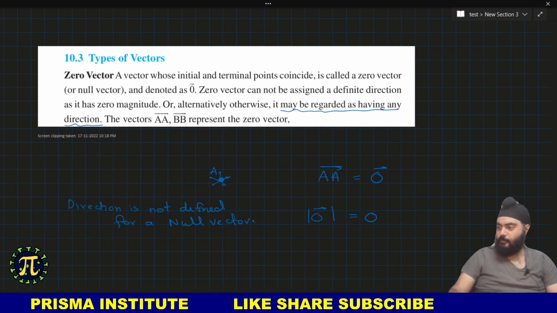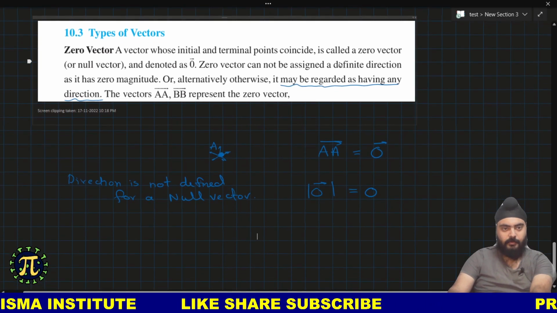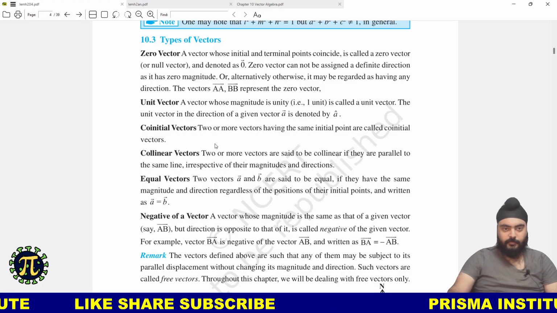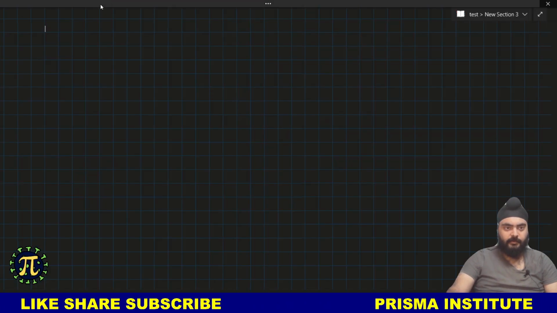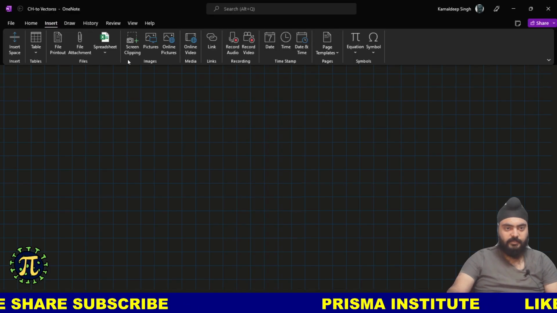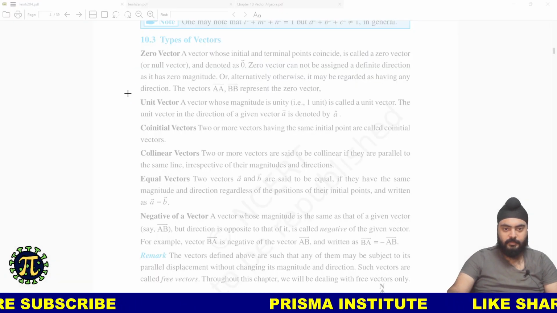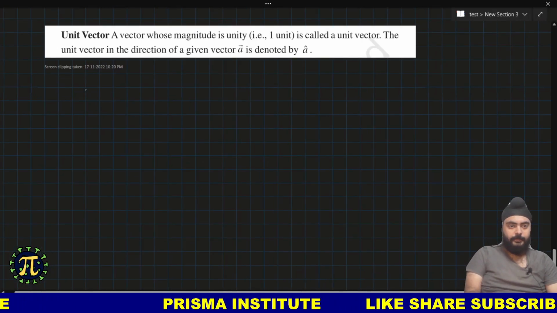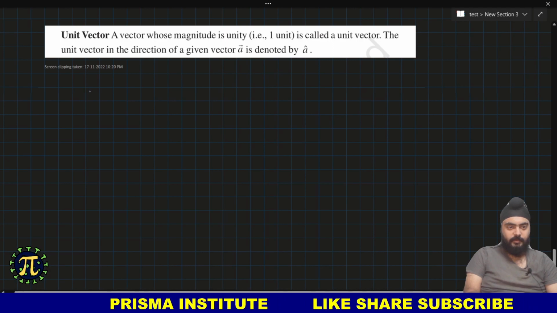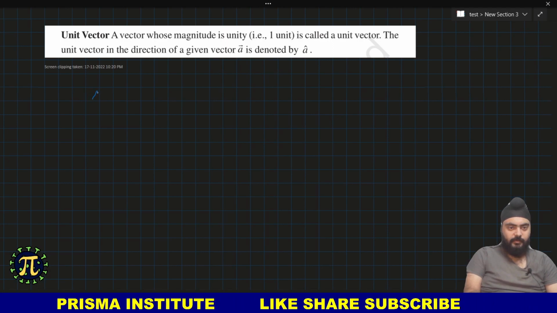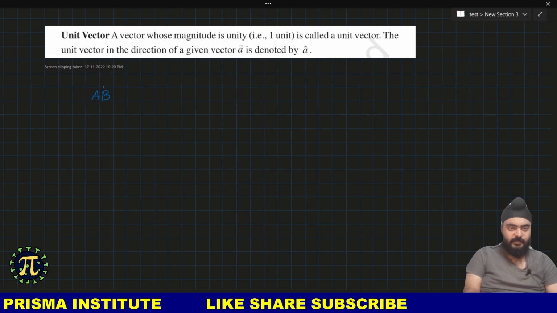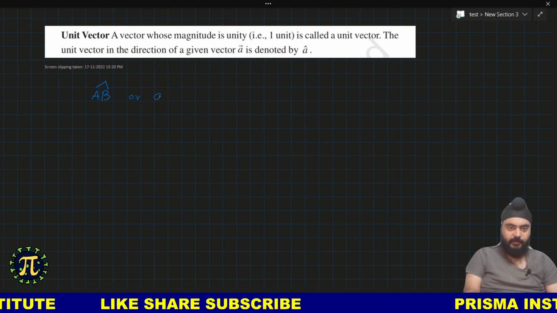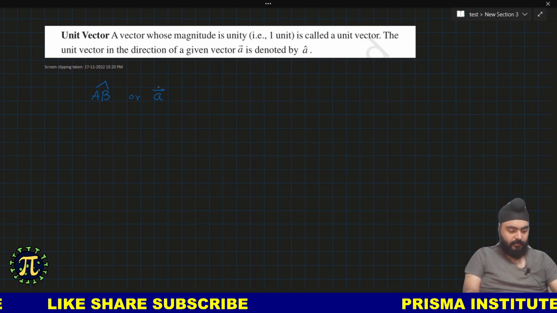Let's move further into our discussion and see more examples from the NCERT. Next is the unit vector. In this section, let's see what a unit vector is. A unit vector is a vector, but instead of writing a vector sign, we put a cap on it.